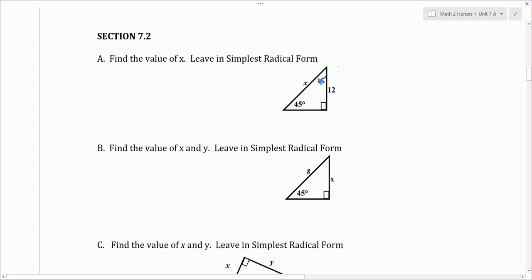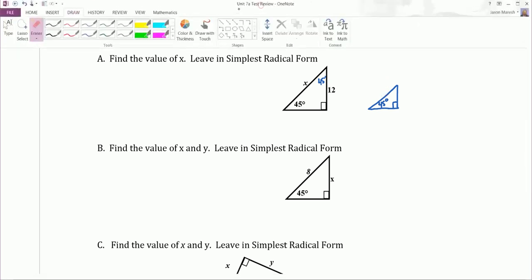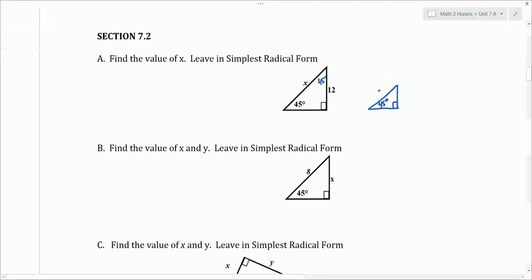And the way we're going to handle this is we're going to draw another 45, 45, 90 right triangle that's similar. We know they're similar by angle-angle similarity, and it has a hypotenuse of 2, and the side lengths are square root of 2 and square root of 2.